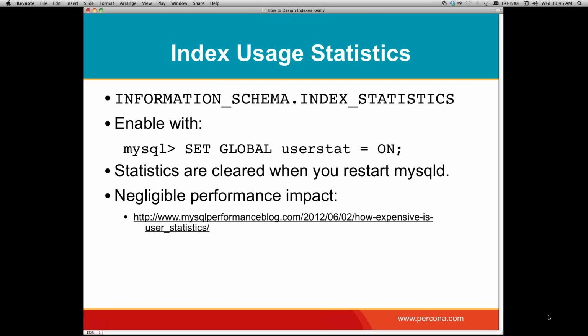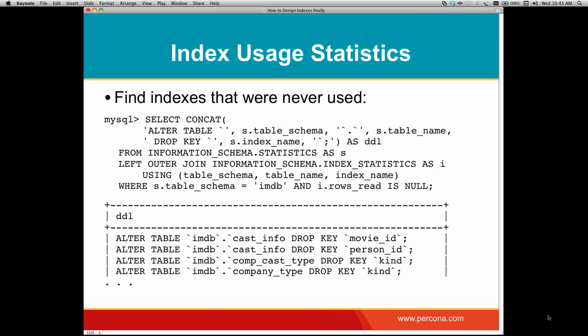And then you can run a query comparing the index statistics to the table statistics, which lists every index in your MySQL instance, and output a list of those that it thinks have never been referenced by any query. And in this example, I'm doing so at the same time as formatting an ALTER TABLE statement to drop those indexes.